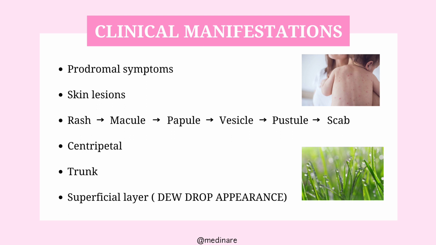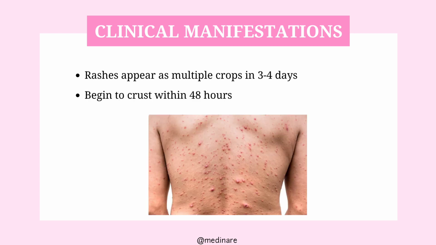But most commonly it manifests around the trunk region, and it also affects the superficial layer of the skin, giving it a dewdrop appearance as shown in this picture. As shown in this picture, the rashes appear as multiple crops in just 3 to 4 days, but they begin to crust within 2 days, which is 48 hours.